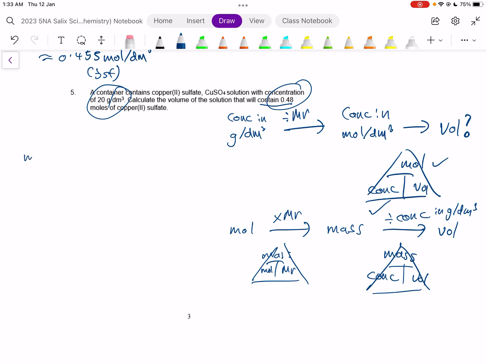Let's go from this. The mass of your copper 2 sulfate: I take the mole multiplied by the Mr. So the mole is 0.48 multiplied by the Mr, 64 plus 32 plus 64, which is 76.8 grams.